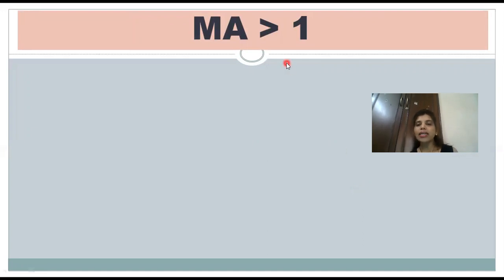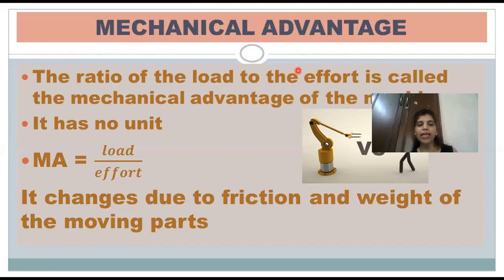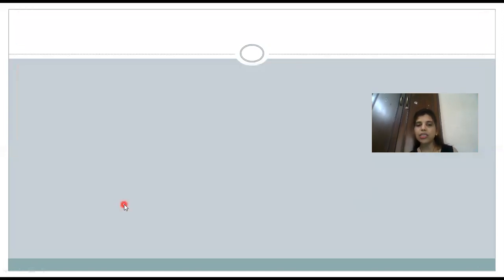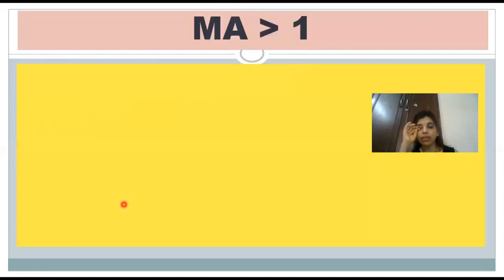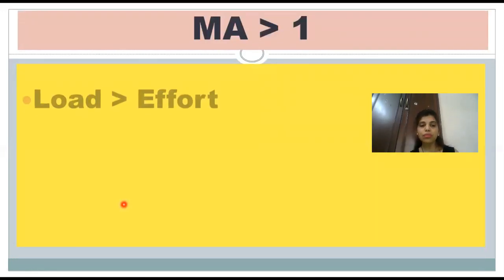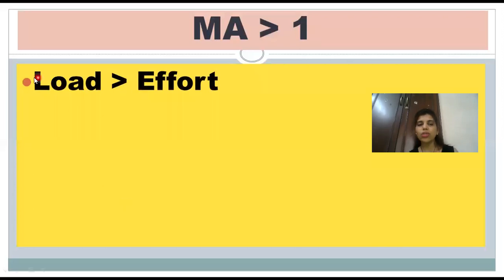So when mechanical advantage is greater than 1, as I have told you, mechanical advantage is load upon effort. Now when is it going to be greater than 1? Think over it. When the numerator is greater than the denominator. That means load is greater than effort, as load is in the numerator and effort is in the denominator.